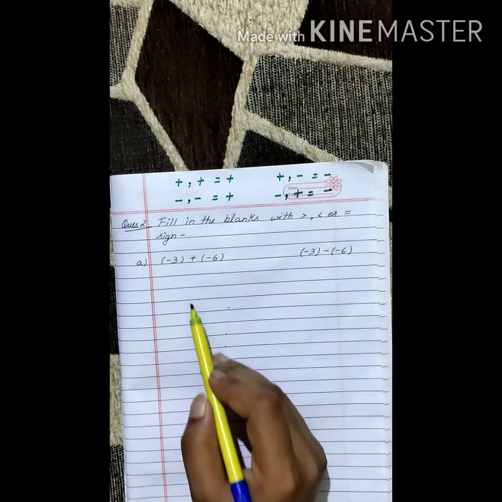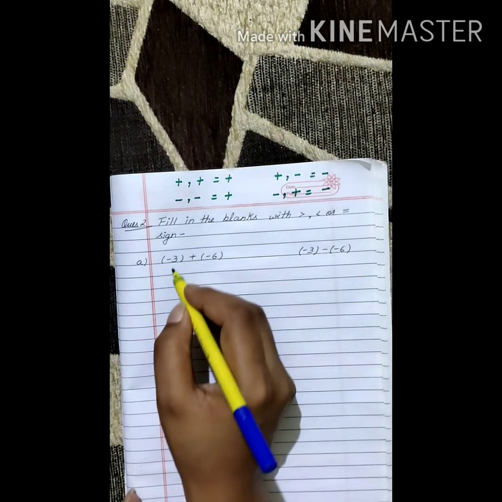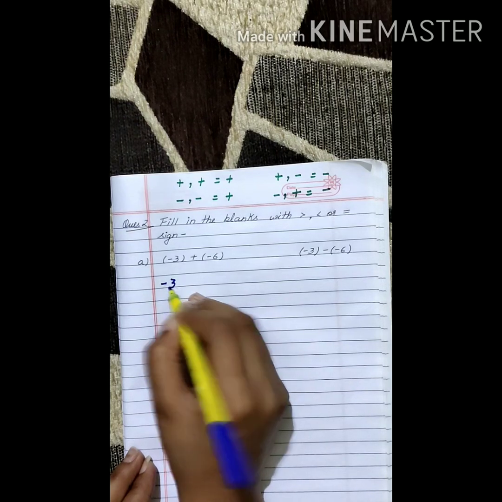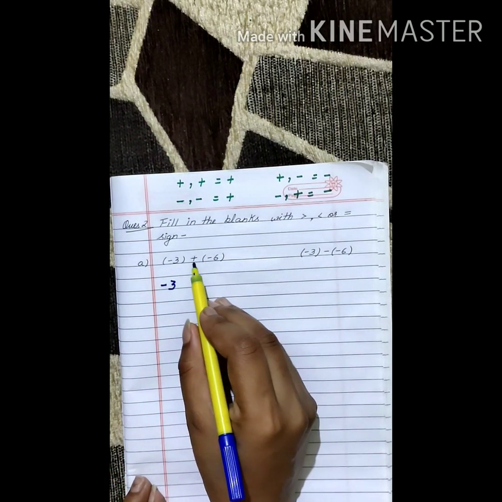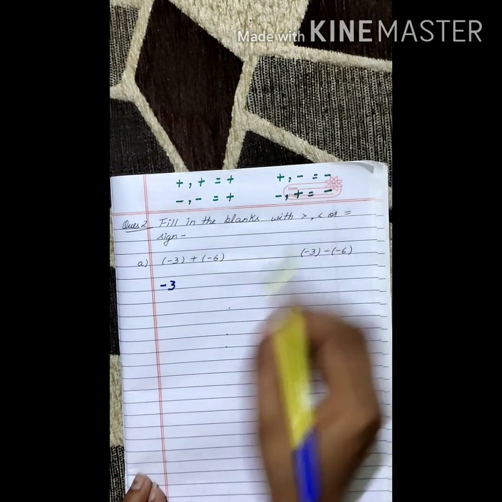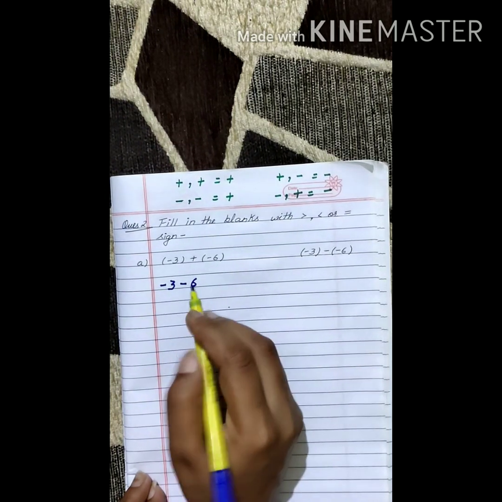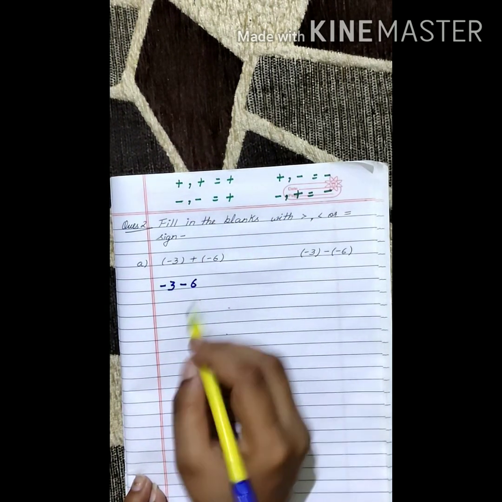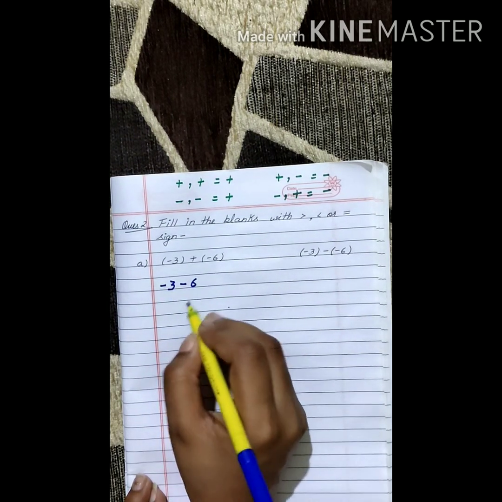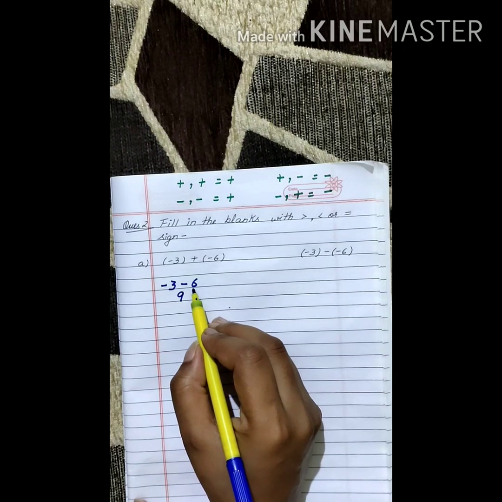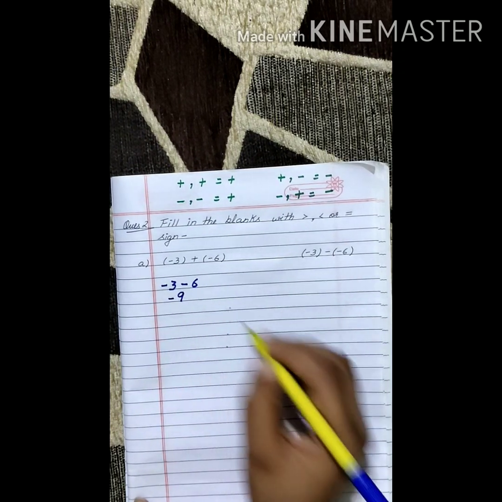Firstly we will solve LHS and RHS separately. After solving we will get minus 3. Here we have two signs together, plus minus minus. So we will replace these two signs with negative sign, and minus minus plus. So we will add these two terms. 3 plus 6, 9, and 6 is greater integer and it is negative, so 9 is also negative.